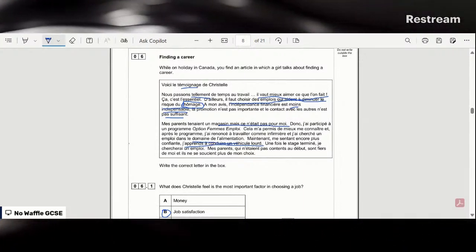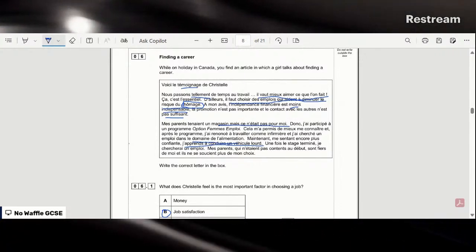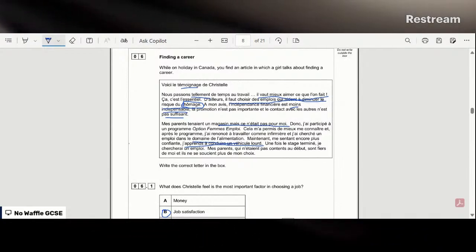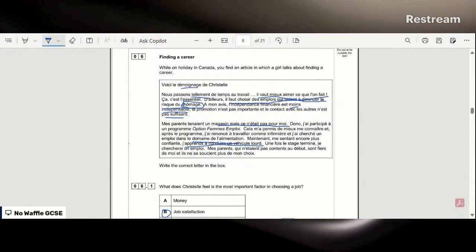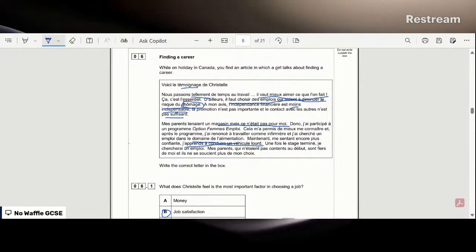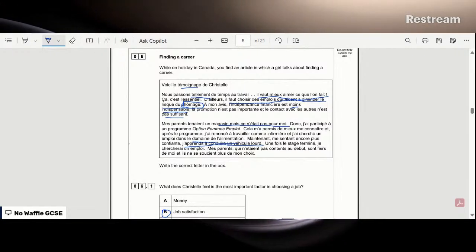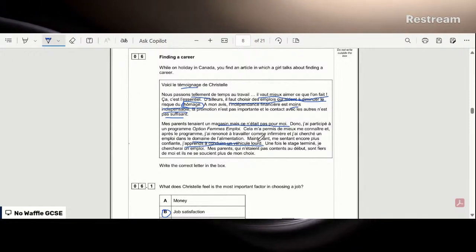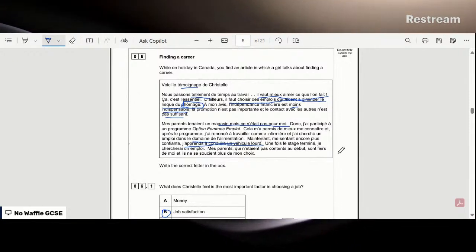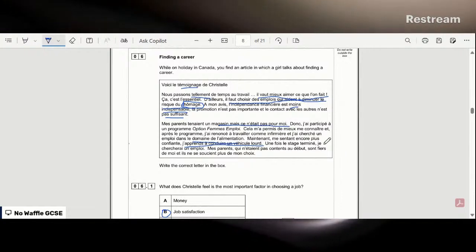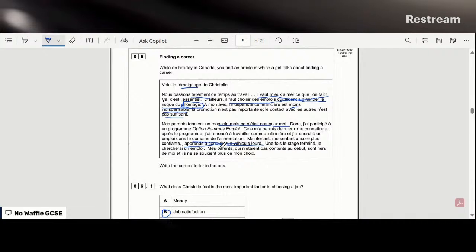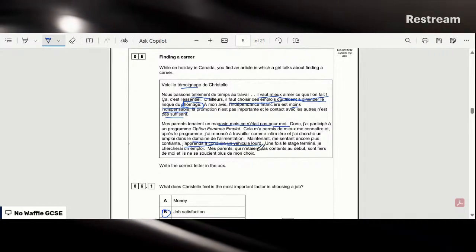So, talking about driving, but it doesn't necessarily mean that she's doing that. So, I'm learning how to drive a vehicle. Une fois le stage terminé, once the course is finished, je chercherai un emploi.